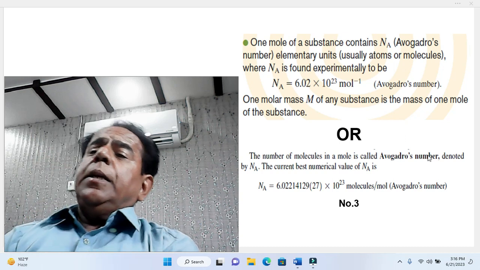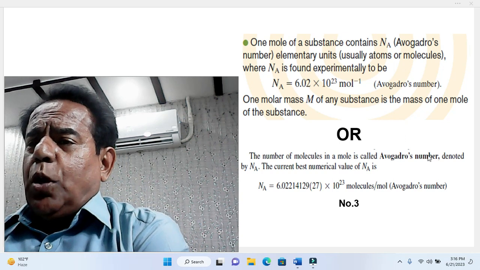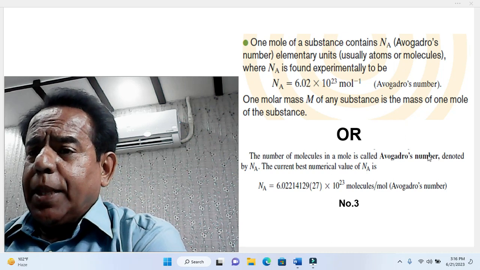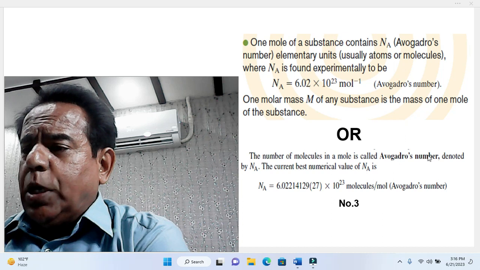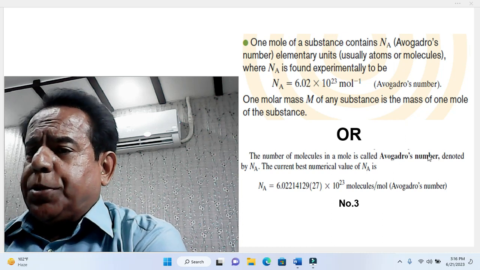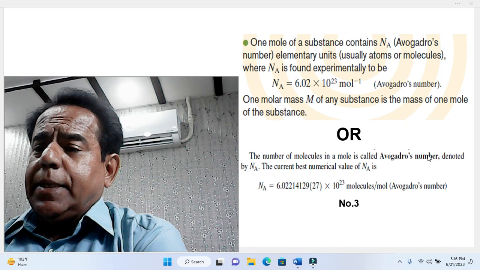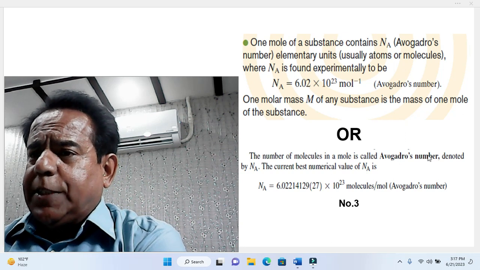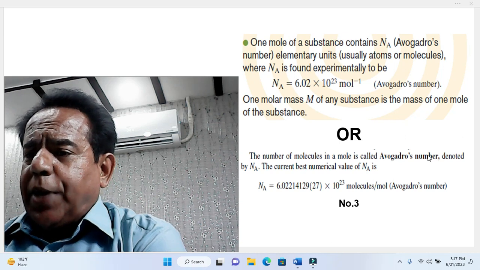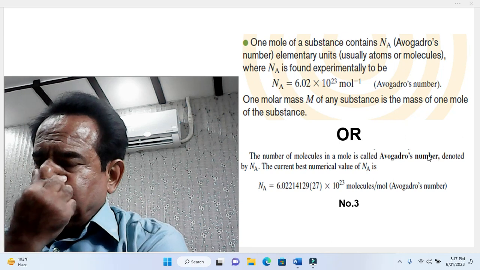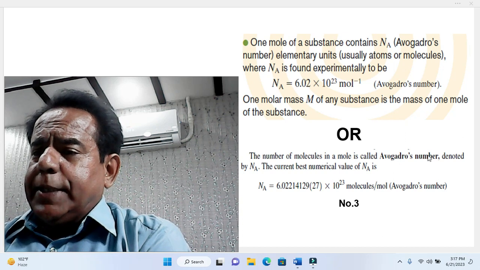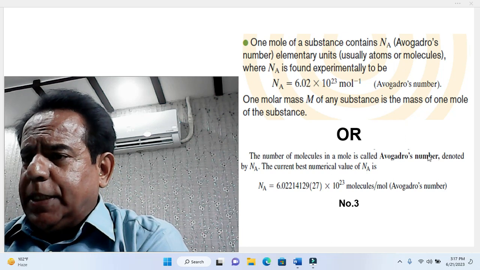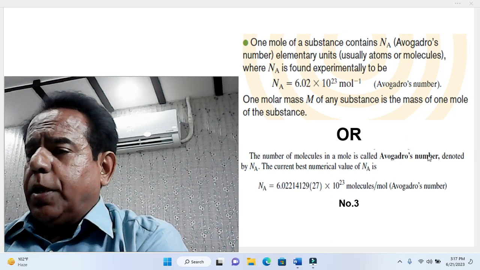Now an alternate version of this helping tool has also been given. The number of molecules in a mole is called Avogadro's number, denoted by N_A. The current best numerical value of N_A is 6.022141229 up to 27 decimal places into 10 to the power 23 molecules per mole.